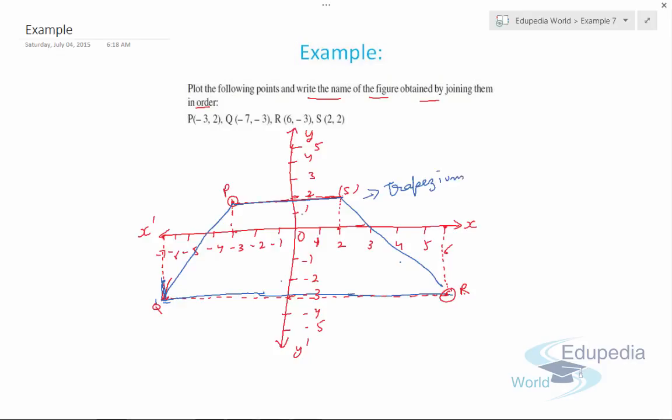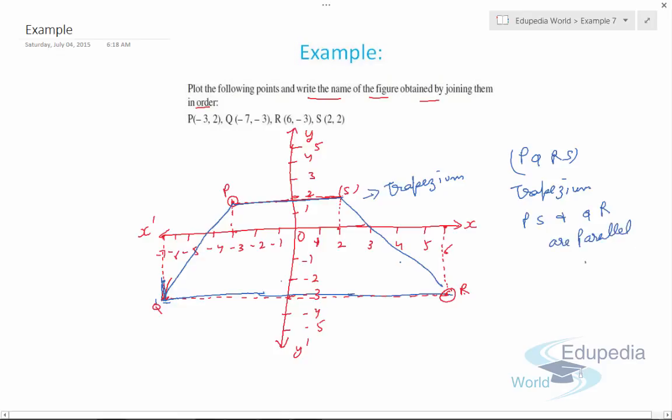We can clearly see that the figure PQRS forms a trapezium, in which PS and QR are parallel lines. So this is how we can obtain the figures.